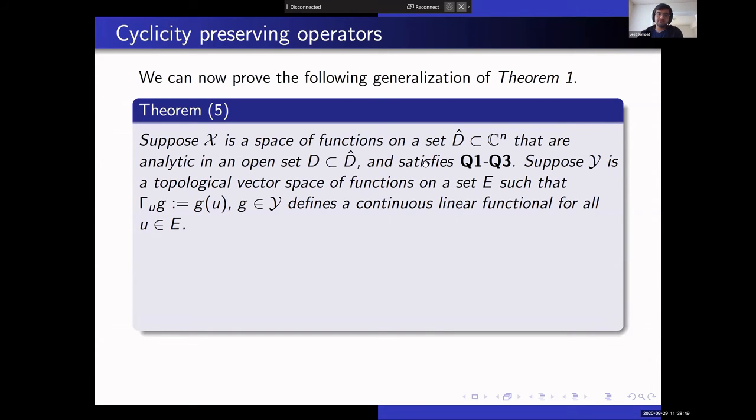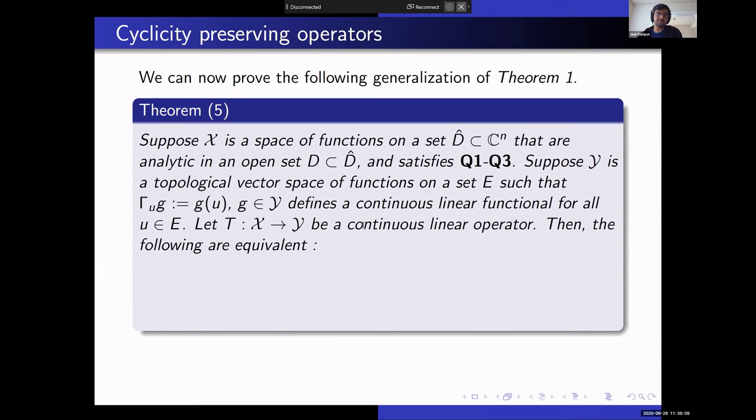They could be any, like it could be a random set, an abstract set as well, such that the point evaluations on Y are bounded at every point in E. Continuous, actually, I should say continuous because it's a topological vector space and not a Banach space. So it's a very general sort of space.